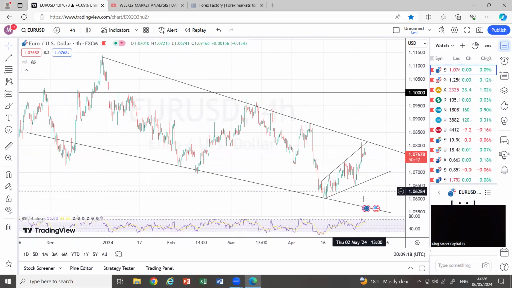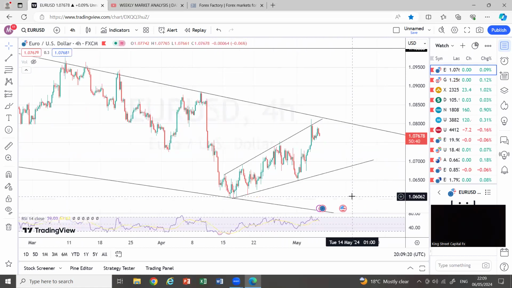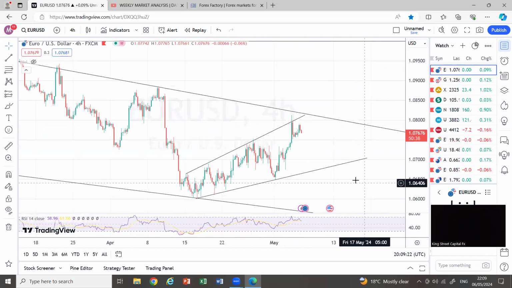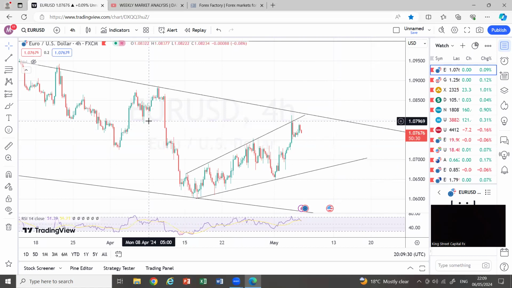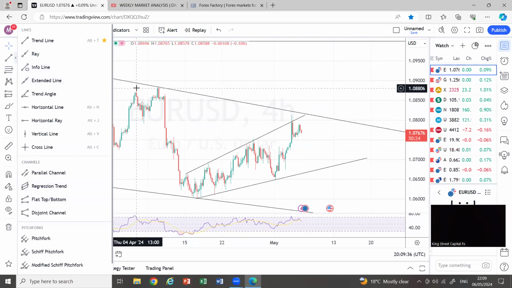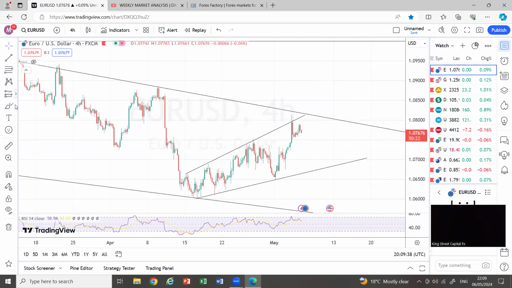We know that this zone is a zone for liquidity, so always have to be careful on that one. I am looking for price to get rejected here again, or stay below this level, which is just this zone.